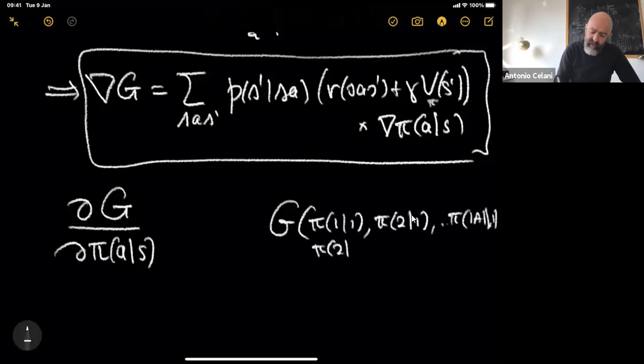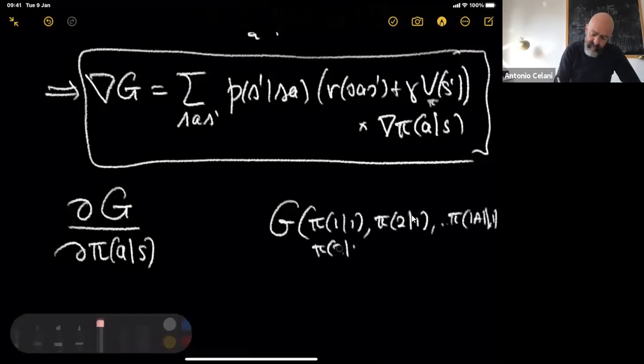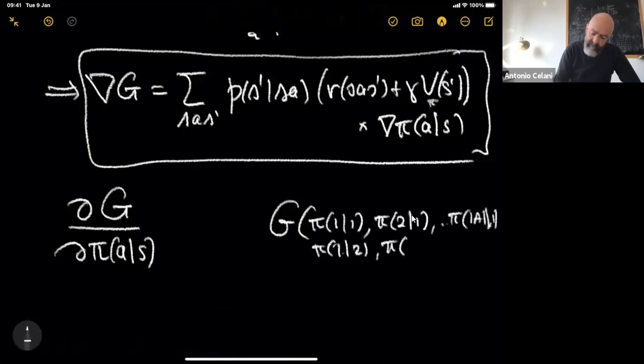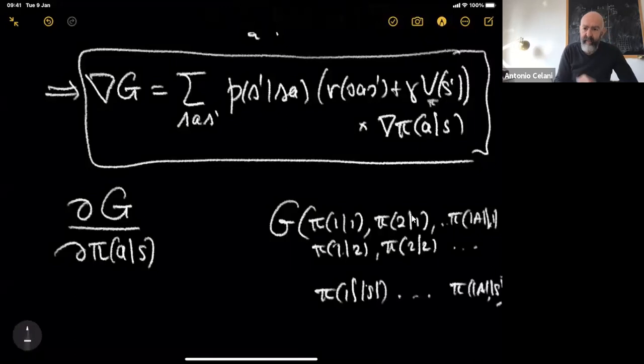But it depends also on pi(1|2), pi(2|2), and so on, up to the last state, pi(A|S capital). So it depends on all these entries. And we're going to take a derivative with respect to one of these entries here in the middle, any one.